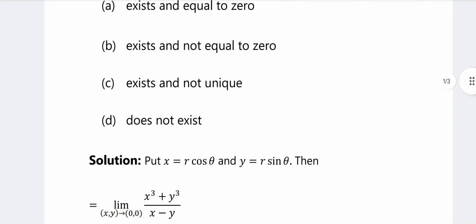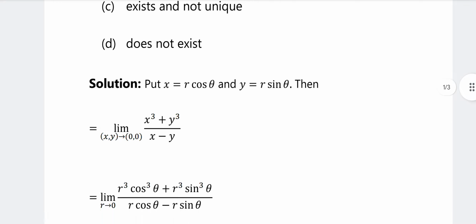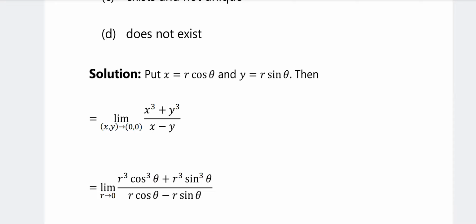If we put x equal to r cos theta and y equal to r sin theta, my limit will convert to r cube cos cube theta plus r cube sin cube theta upon r cos theta minus r sin theta, where r tends to 0 because we are approaching (0, 0).